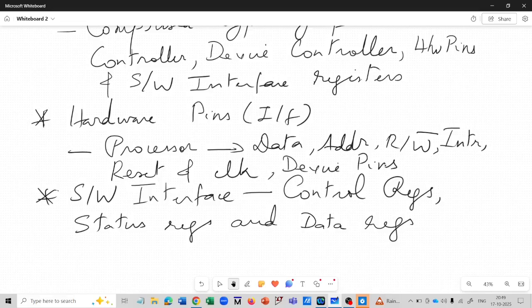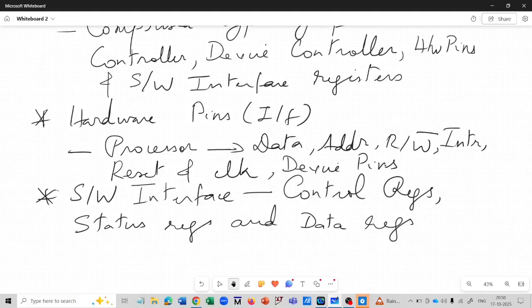So the hardware pins will be composed of the processor interfaces, which are standard. As I mentioned, the data, the address, the read write, interrupt, reset, clock, and so forth. And the pins on the device side, which will depend on the device.